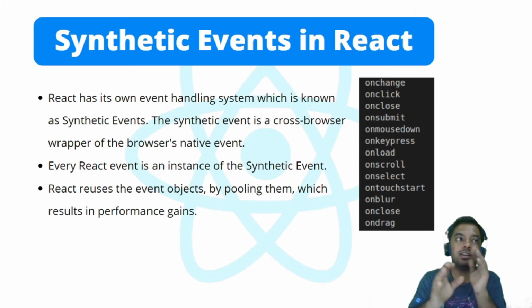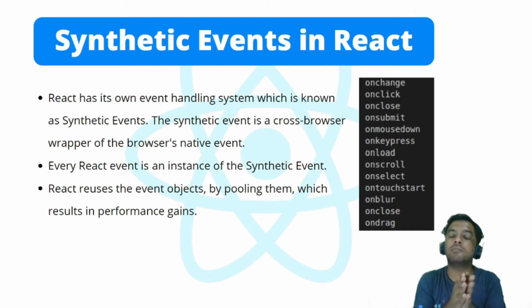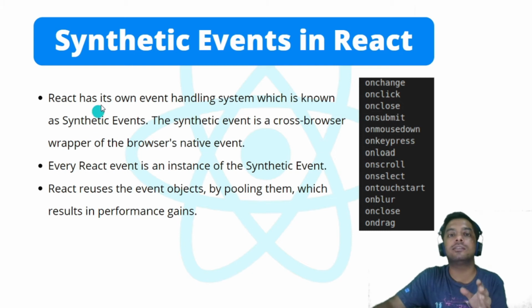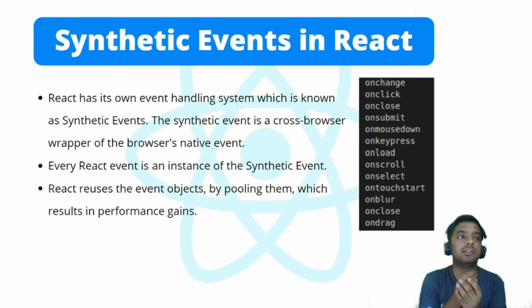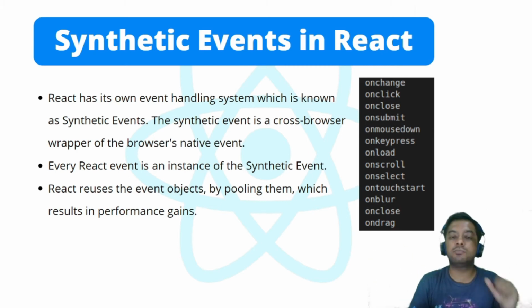So what React did is create its own event handling mechanism, and they called it synthetic events. For each event, they created their own events. So for this click event, they created onClick, which we saw previously.